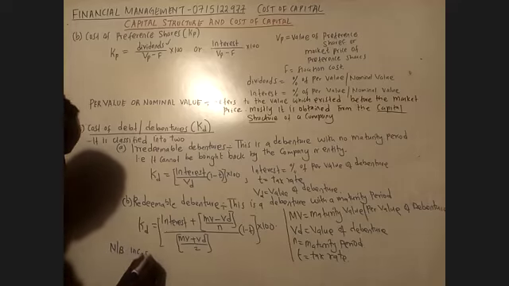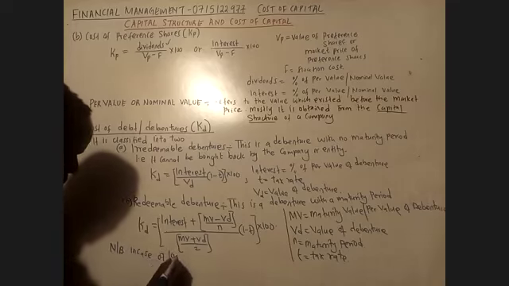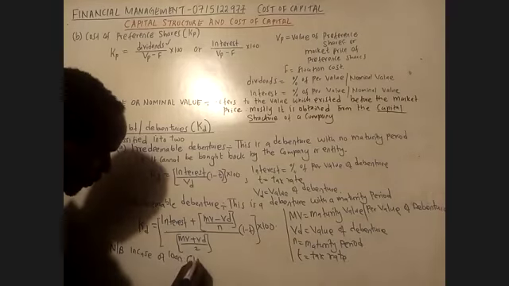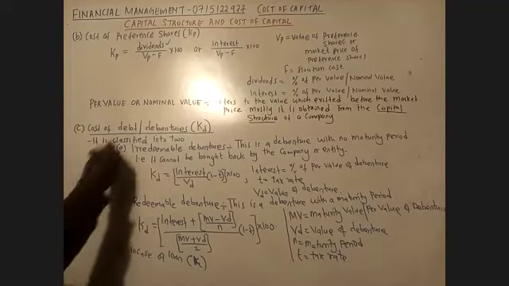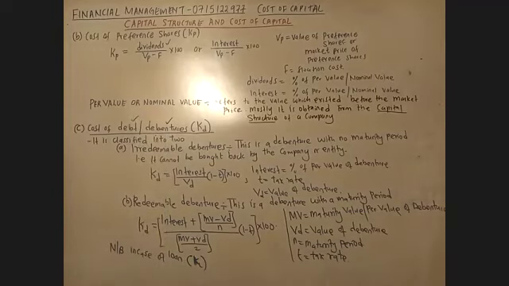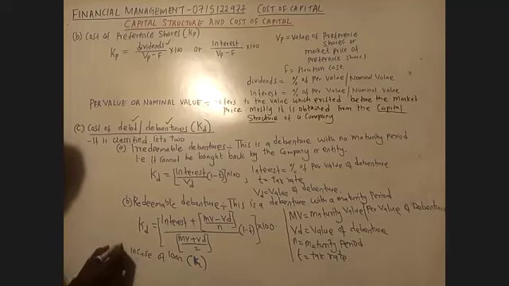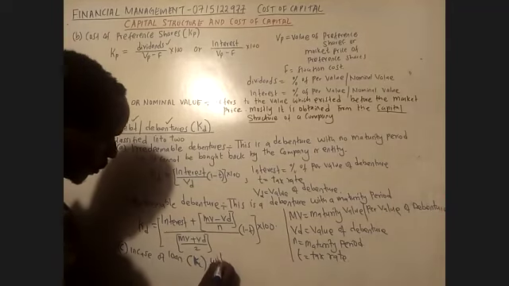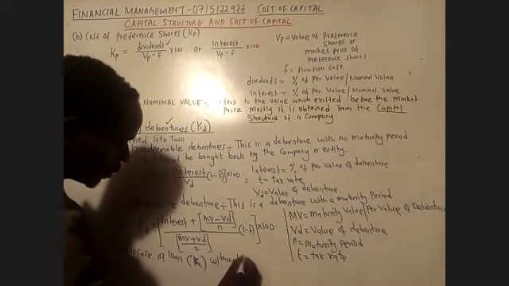In case of a loan, which is KL. Remember KL is a debt. Here we have debenture and we have debt. Now a debt forms a loan. You can also just put it at C. So loan, now this one is without flotation cost.